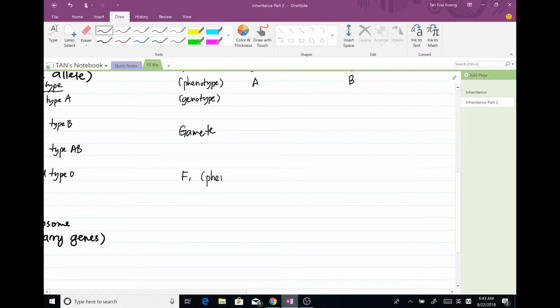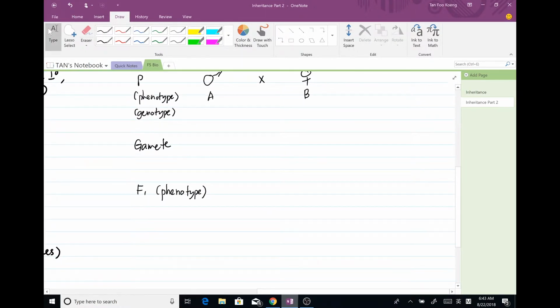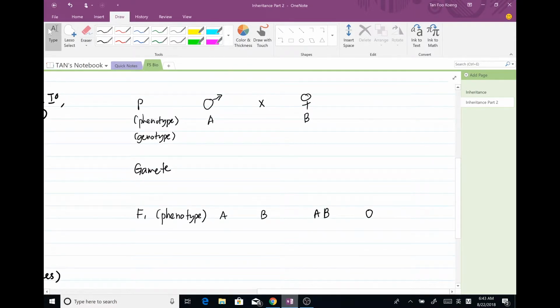However, we can predict it from the first filial generation. If, let's say, you can find blood type A, blood type B, AB and O in the F1 generation, what would be the combination? What would be the genotypes of both parents? Now let's see.